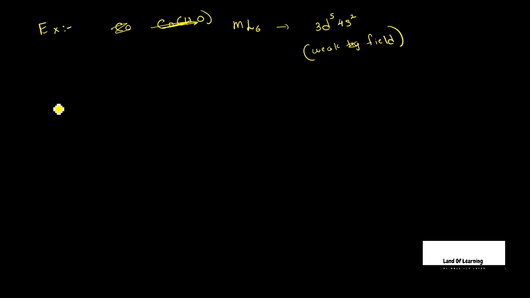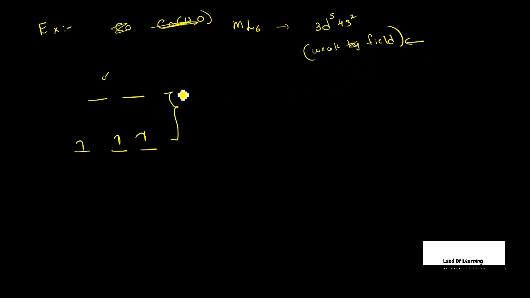Okay, now let's try this. You know in the octahedral geometry, we have 5 electrons in the d orbital. So let's put them here, 1, 2, 3. Now there's a problem, right? We need to check whether the next electron goes this way or this way. This is a weak field ligand.